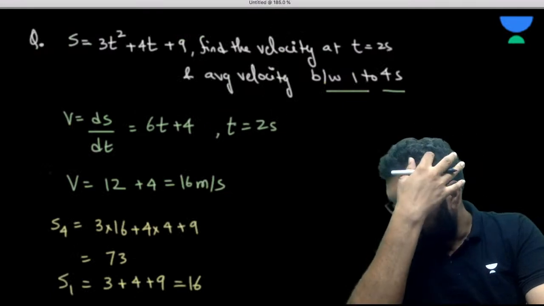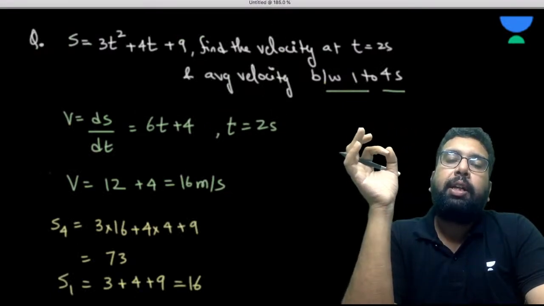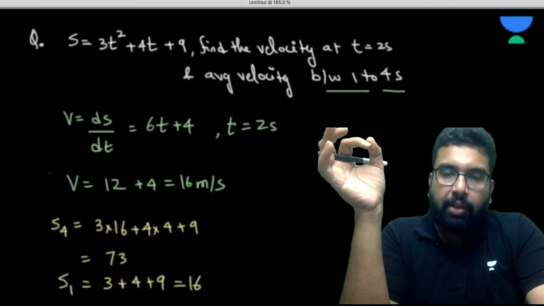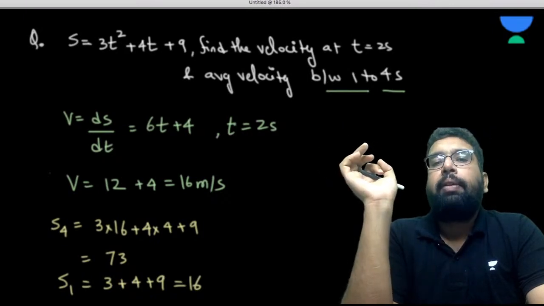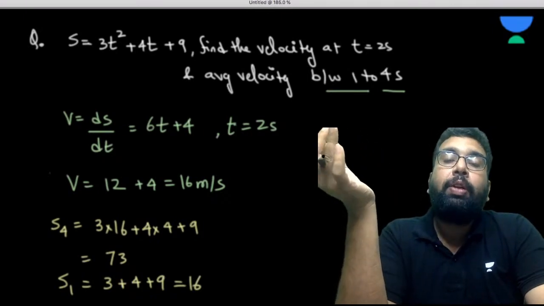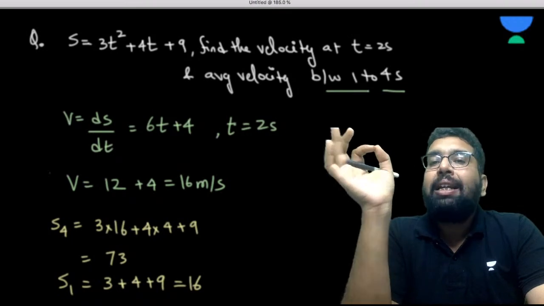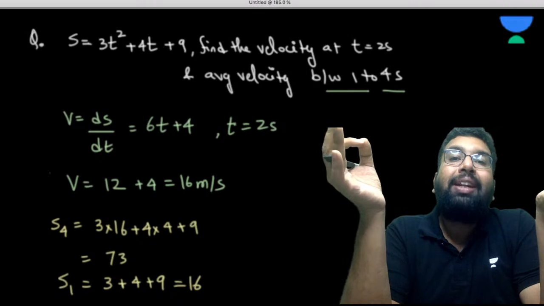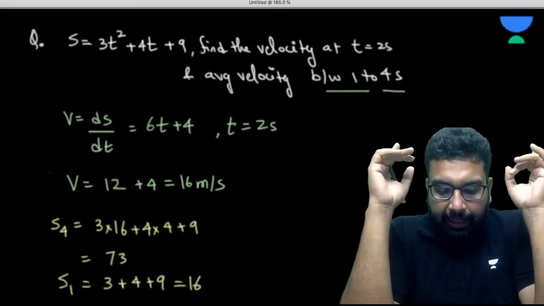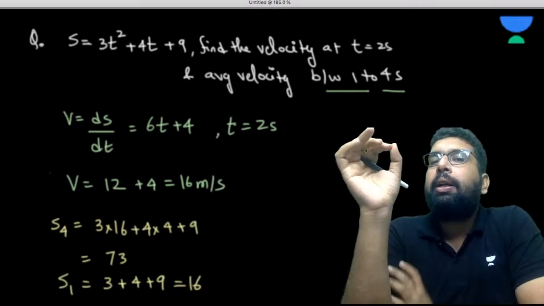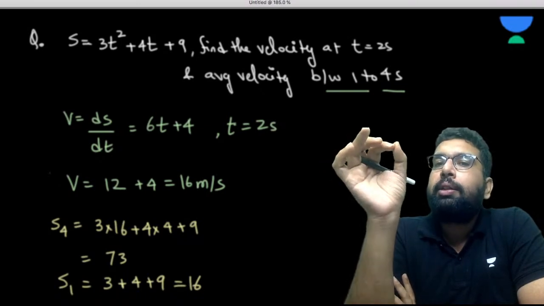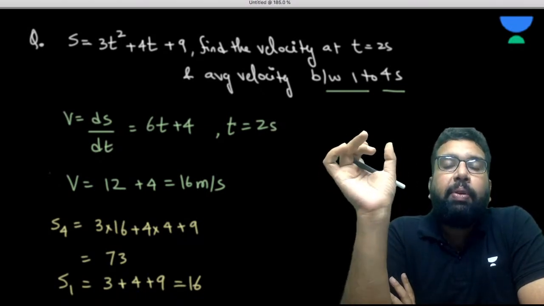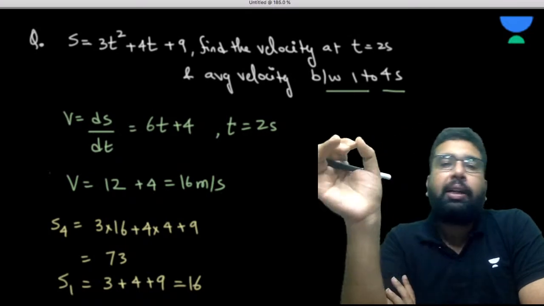So again, I'll be repeating this. We have the displacement as 3t square plus 4t plus 9, and we want to find the velocity at t is equal to 2 seconds, and the average velocity between 1 to 4 seconds. At t is equal to 2 seconds, we calculate the instantaneous velocity. Instantaneous velocity is ds by dt, because when you calculate it, the time difference is reduced to infinitely small.